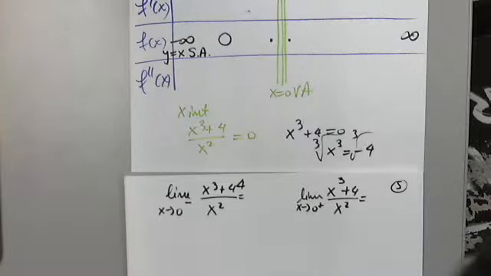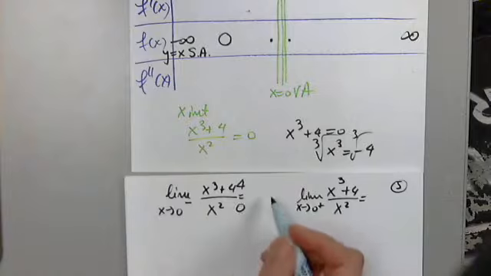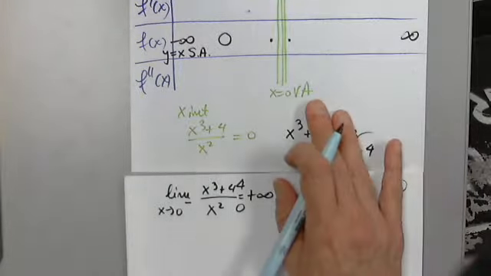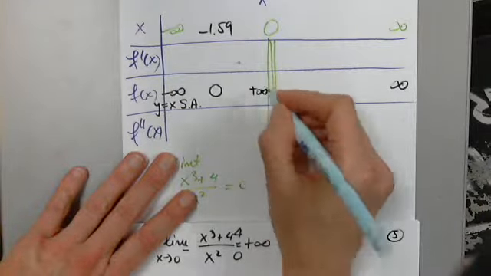The denominator is perfect. So I know it has to be infinity. But which sign? So now let's test with negative 0.1. Negative 0.1 to the third plus 4. Will that be positive or negative? Correct. And what about the denominator? Good. Awesome. So I have on this side positive infinity.